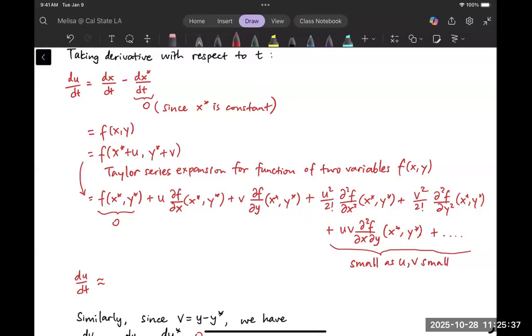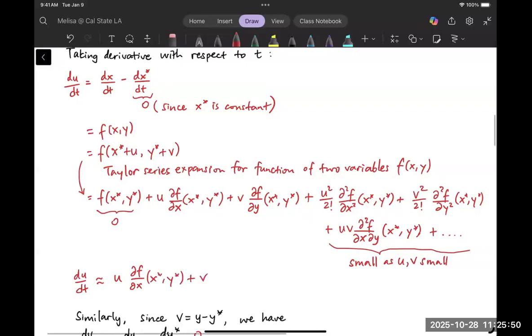So the first one is 0. So really, the approximation to du dt is just u times the partial of f with respect to x plus phi times the partial of f with respect to y. Notice I use the squiggle sign instead of equals because this is just an approximation.